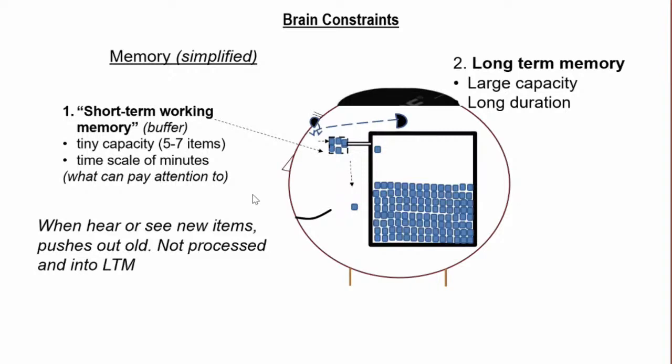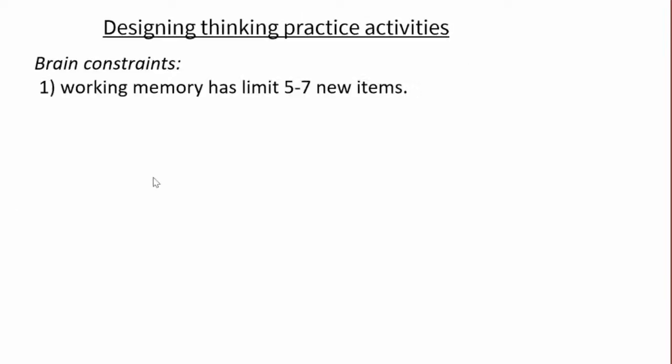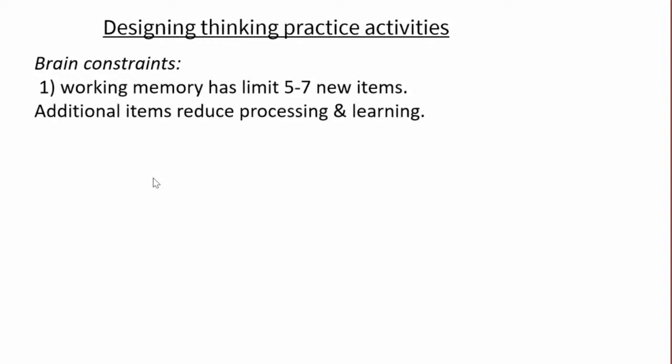So in the context of teaching in an hour-long classroom, the constraints from working memory are extremely important. Any additional thing the brain is paying attention to reduces the attention, and therefore the learning, of something else being presented.